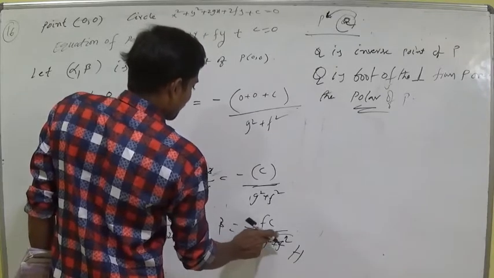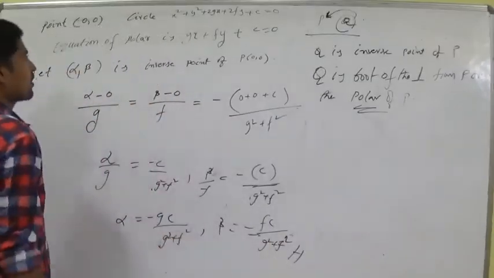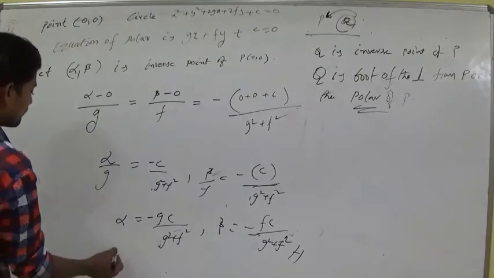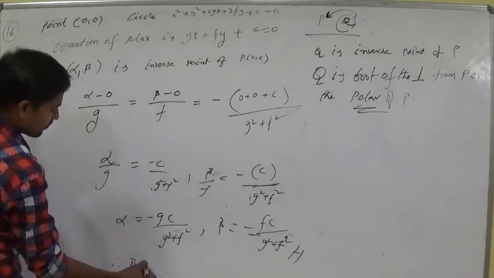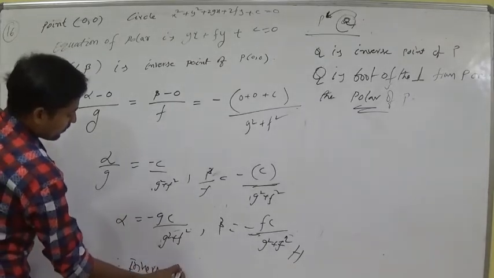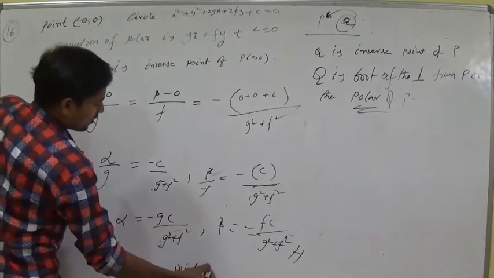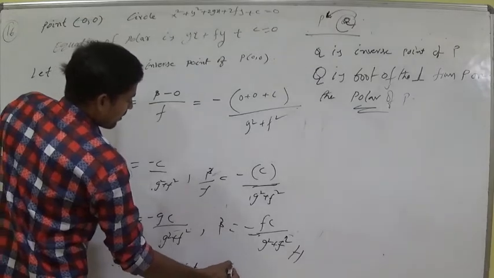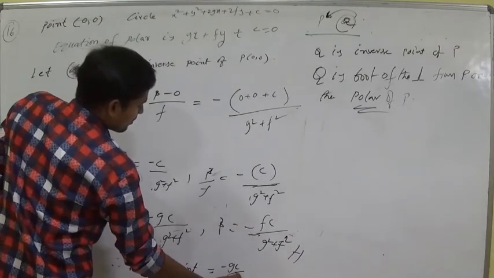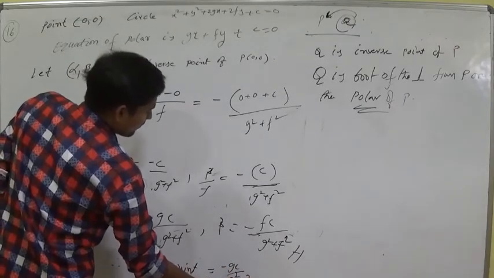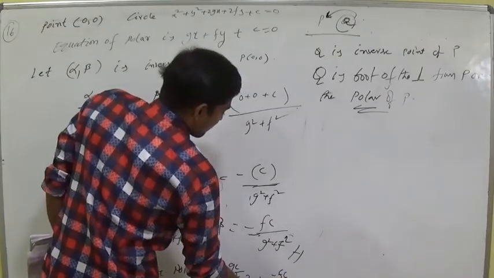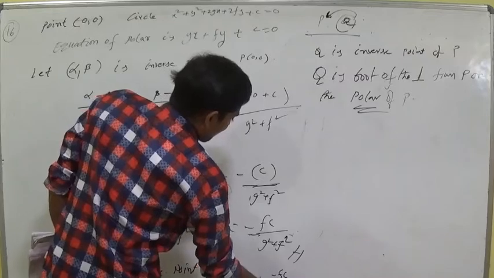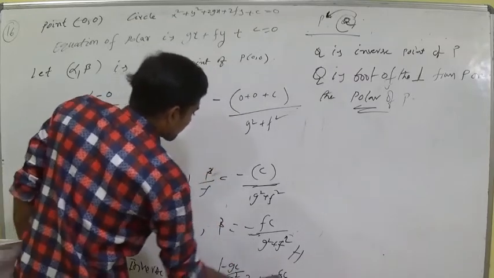Therefore the inverse point is minus gc by g square plus f square, minus fc by g square plus f square. Right?